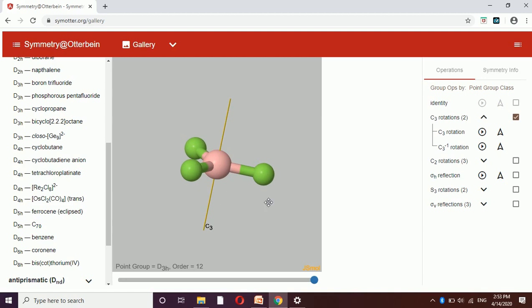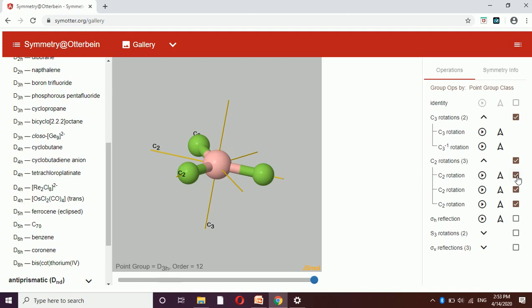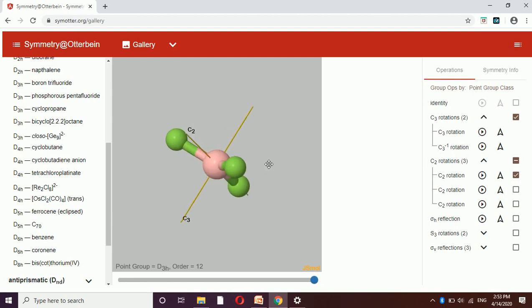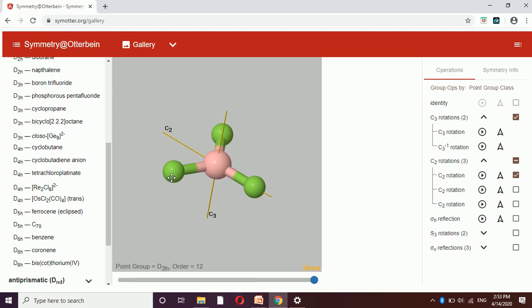We have denoted the C3 axis like this, and let me mark a C2 axis, an axis which is passing through the boron and one of the fluorine atoms like this.